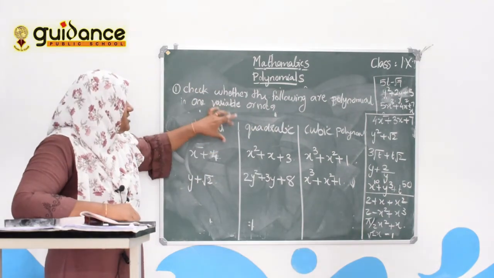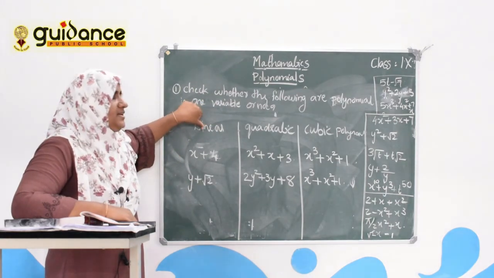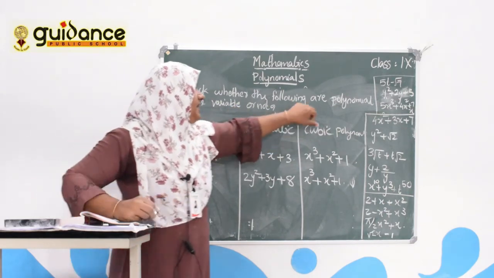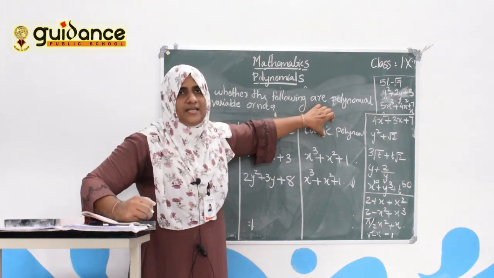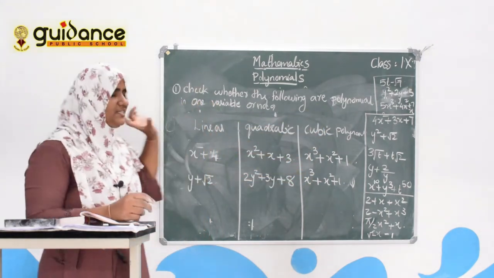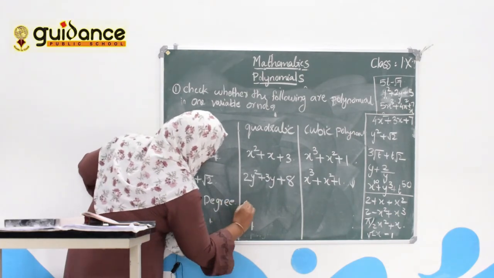Okay, in today's class what was studied? A polynomial of degree 1 is called a linear polynomial, a polynomial of degree 2 is called a quadratic polynomial, a polynomial of degree 3 is called a cubic polynomial. In general, the degree of a constant polynomial equal to 0. It's an important point.